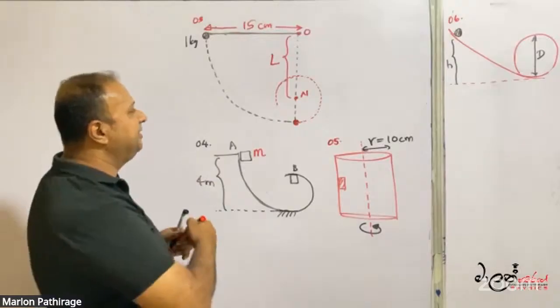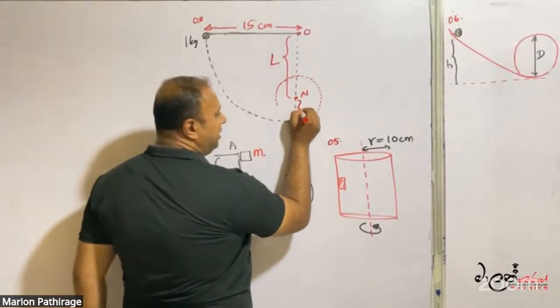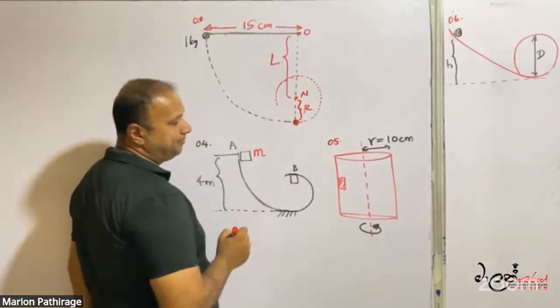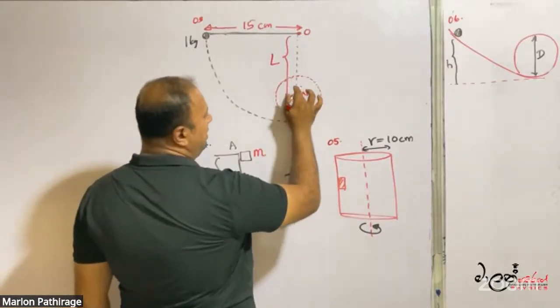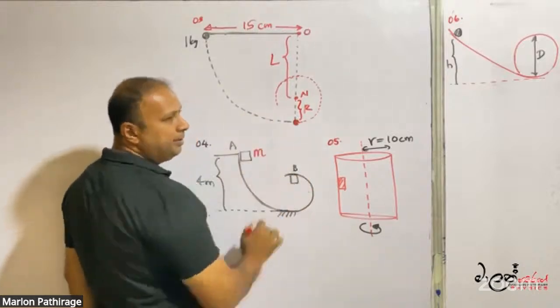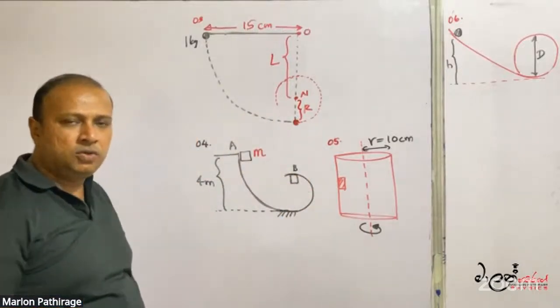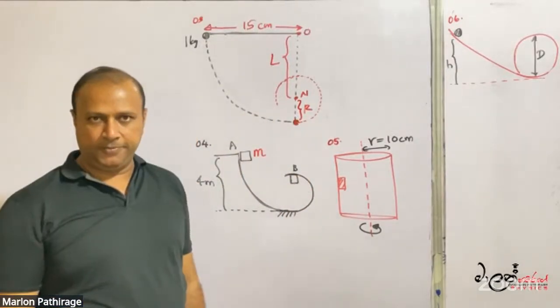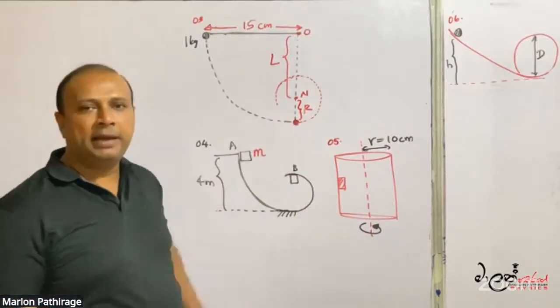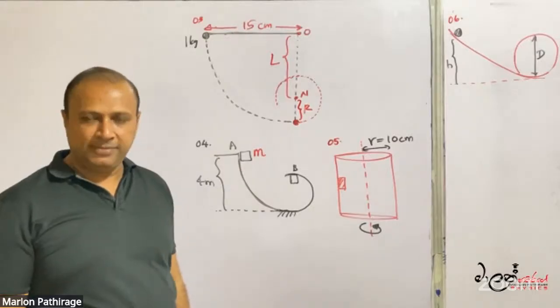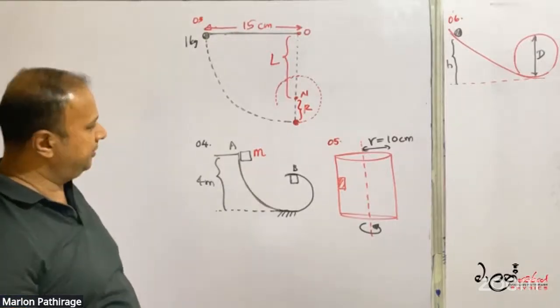After that, this circular path will convert into another circular path like this. Suppose this is R, then this part is also R. So you are asked to determine the minimum L value for it to complete a full circle about this nail. And that is your question.